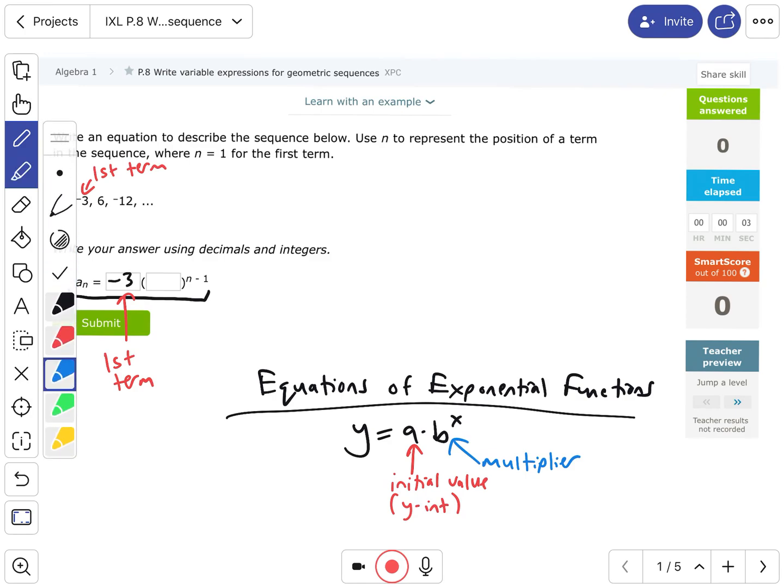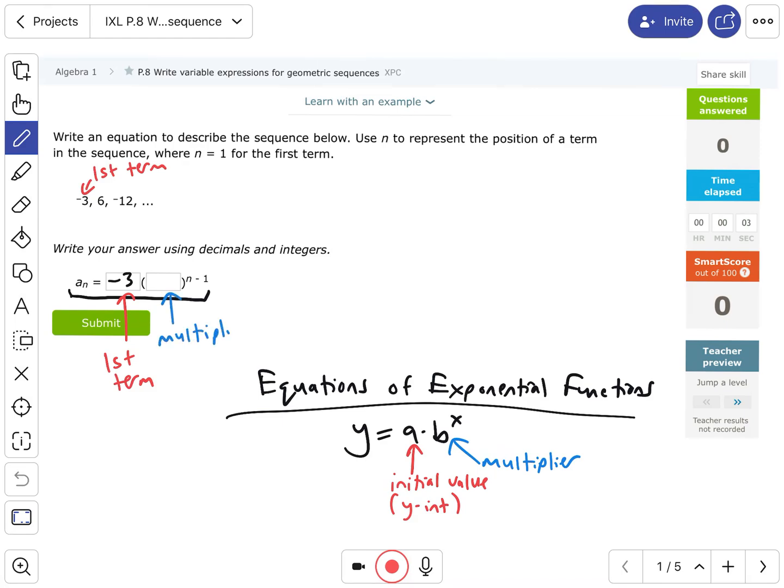And then the second term here will be your multiplier. So what will you have to multiply -3 by to get to +6? And it should be the same thing you multiply +6 by to get to -12.